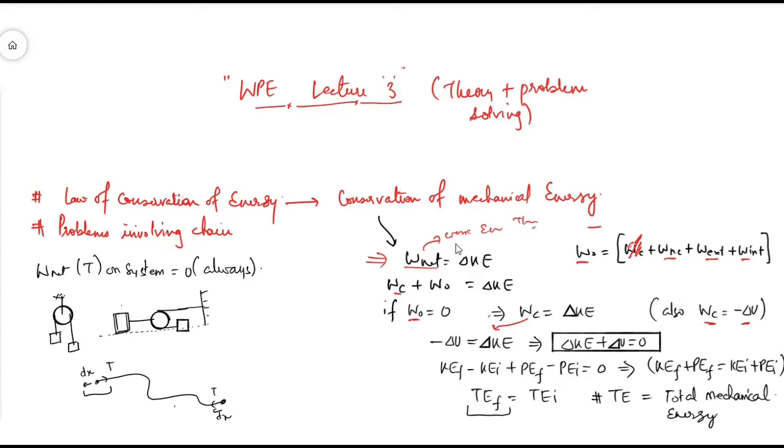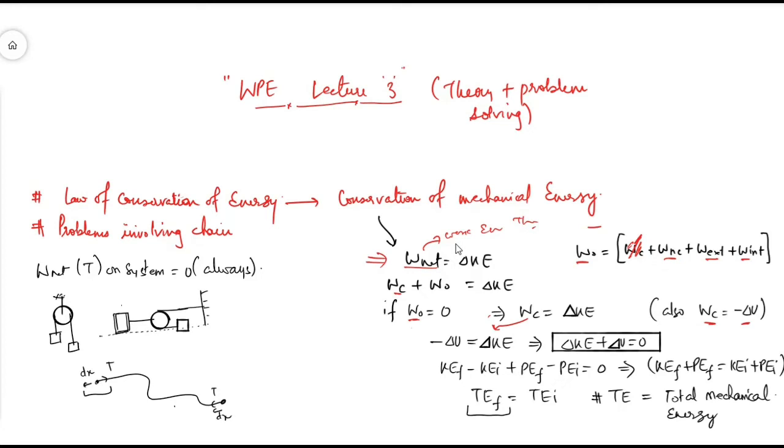Okay, so now delta K can be written as KF minus KI, and then delta U can be written as PEF minus PEI, and again this can be rearranged in this form: KF plus PEF is equal to KI plus PEI, and KF plus PEF or just KE plus PE is defined as the mechanical energy of the system.